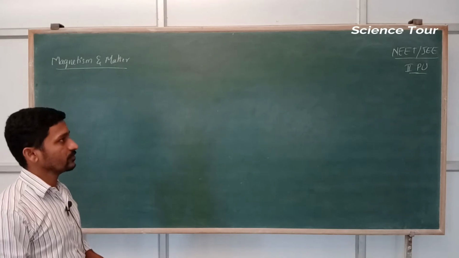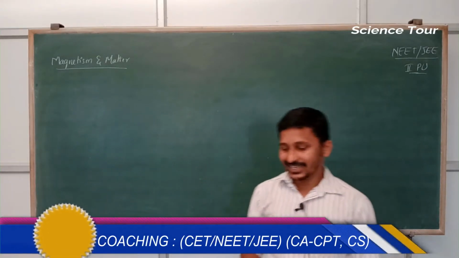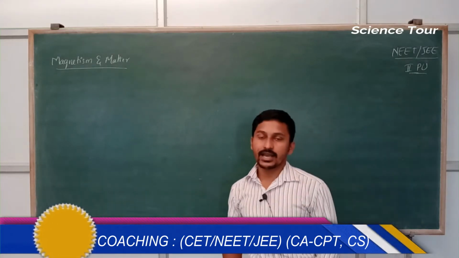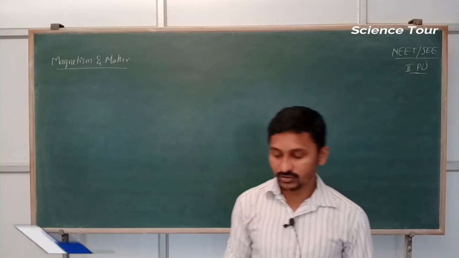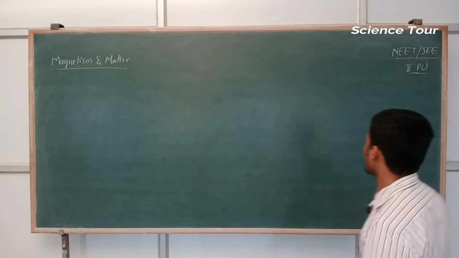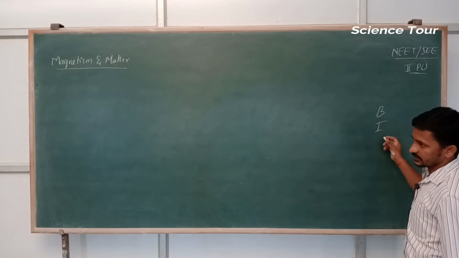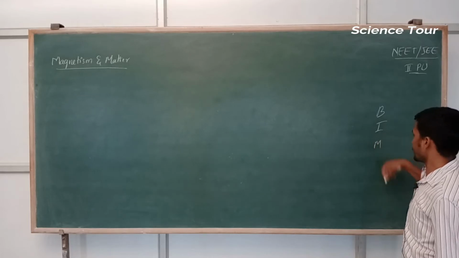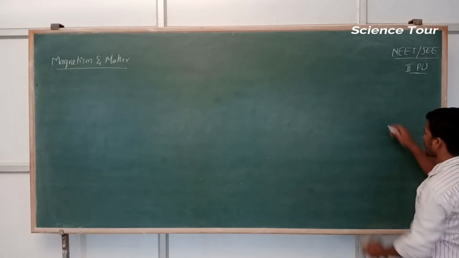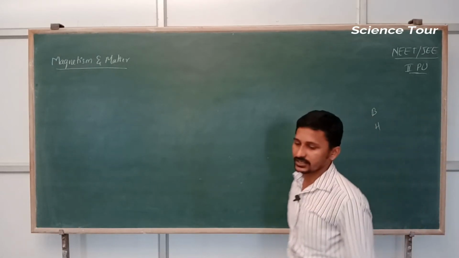Now we have different notations: magnetic flux density or magnetic field, intensity of magnetization, magnetic moment, and magnetic intensity. We have written B and H in our regular classes, isn't it?